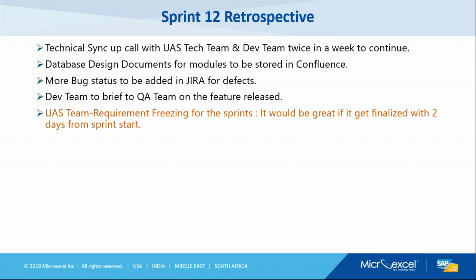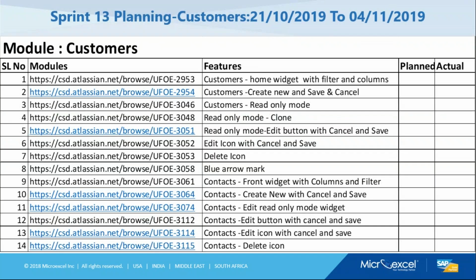And one request is it would be great if we finalize the change in requirements in the early 1 or 2 days of the sprint, so that we can accommodate easily and implement in the current sprint only. So these are some of the retrospective points from Sprint 12.